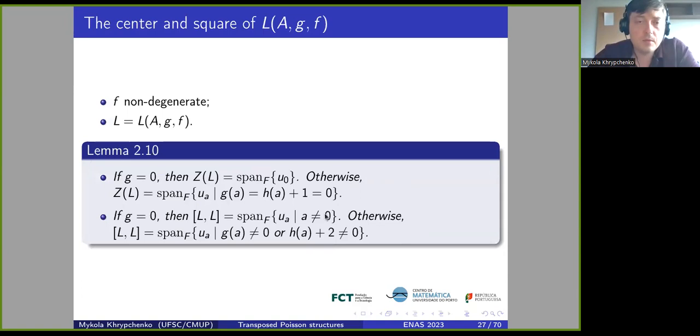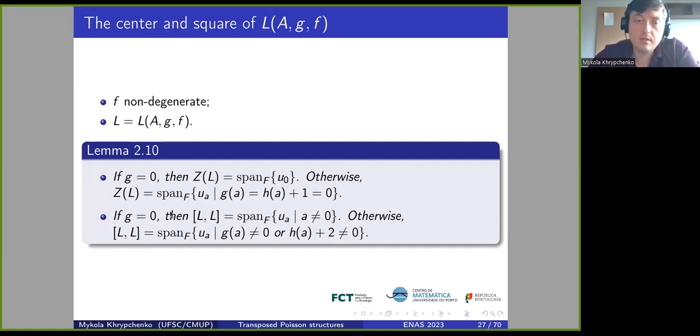And in this case, we can also describe the center and the square of this algebra, just to see how this description appears in the final theorem. So if G is a trivial map, then the center is spanned by one basis element, U0, and the square is spanned by all basis elements corresponding to non-zero elements of the group.